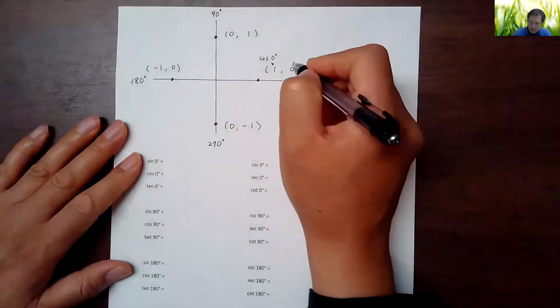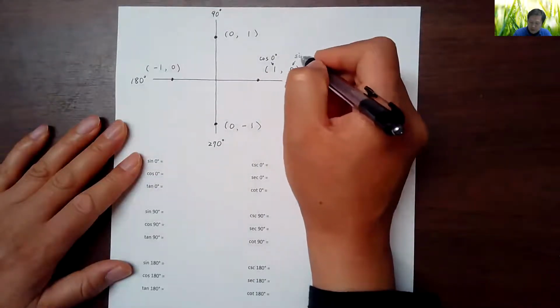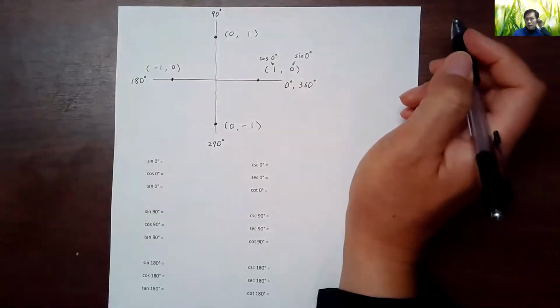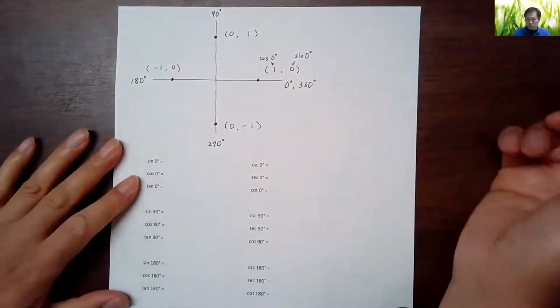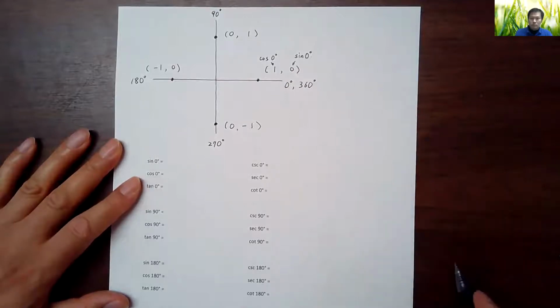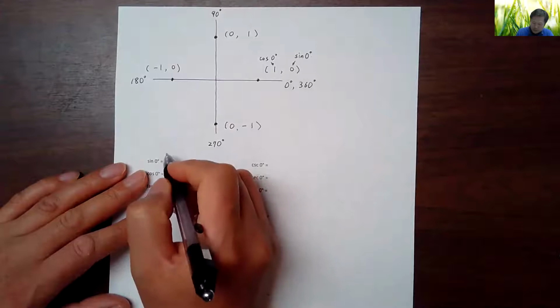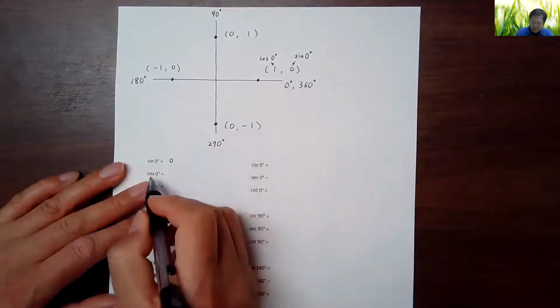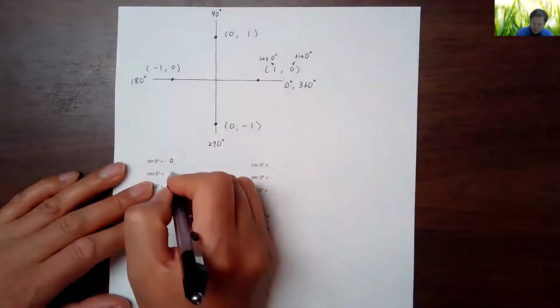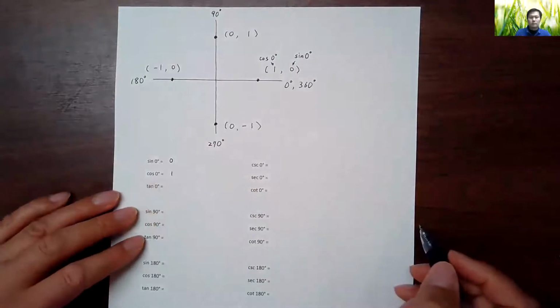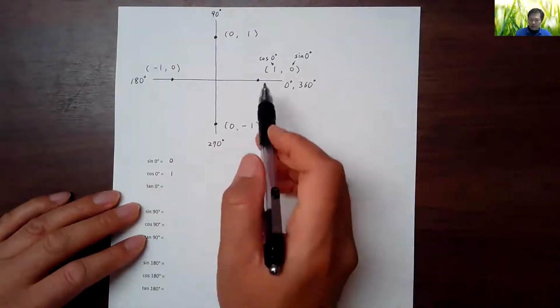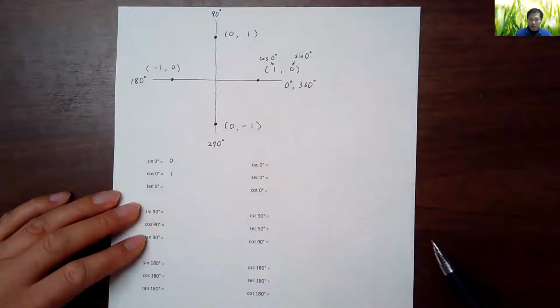The y value will give you the sine value, so sine 0 degrees will be 0. So sine 0 is 0, and cosine 0 is 1.